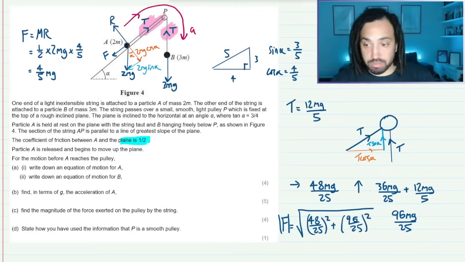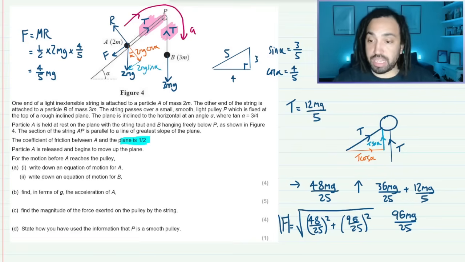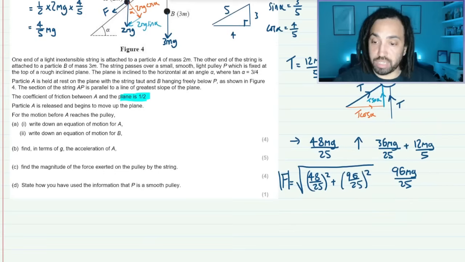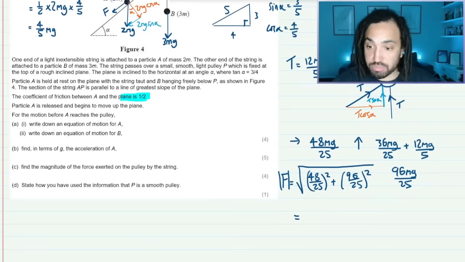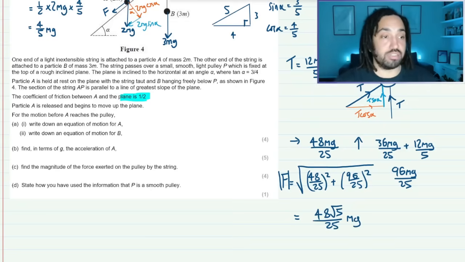So we do that squared plus that squared, square rooted, and when we do that, we get our coefficient of mg as 48 root 5 over 25, and that is the final answer.